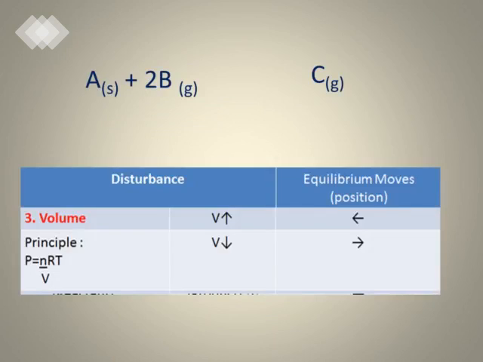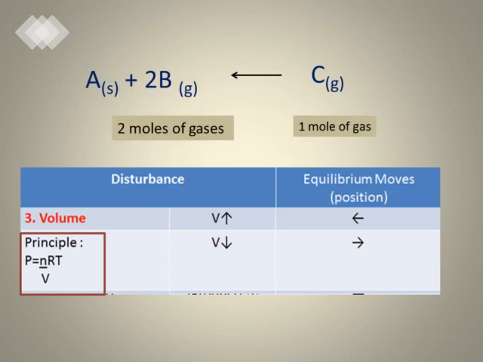The same concept is applied when the volume of the equilibrium system is disturbed. From the ideal gas equation, when the volume of the system is increased, the pressure of the system will decrease. Hence, it will move to the left to increase the pressure of the system by increasing the number of gas molecules.